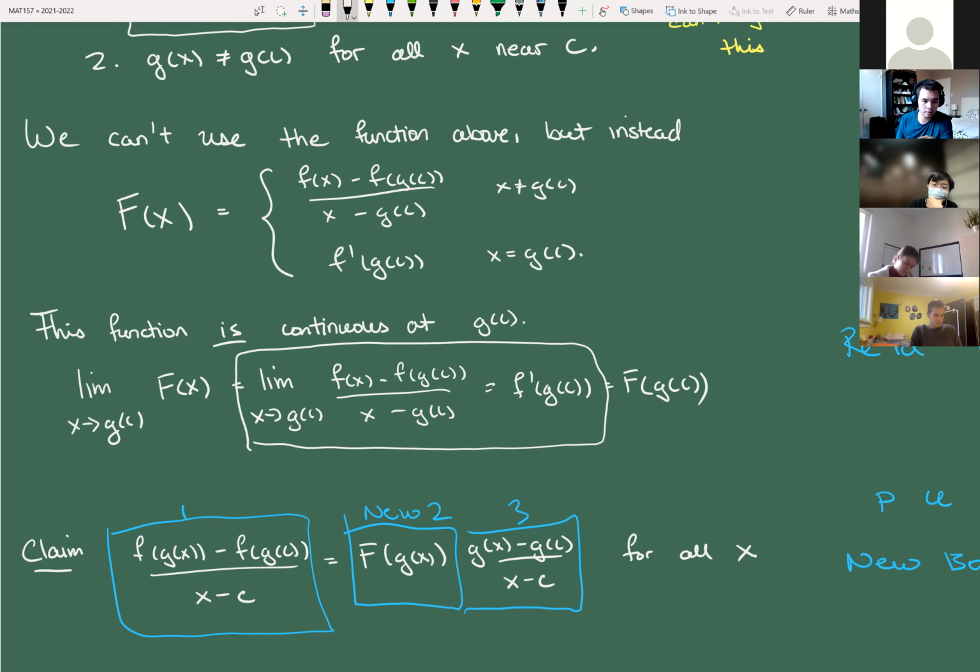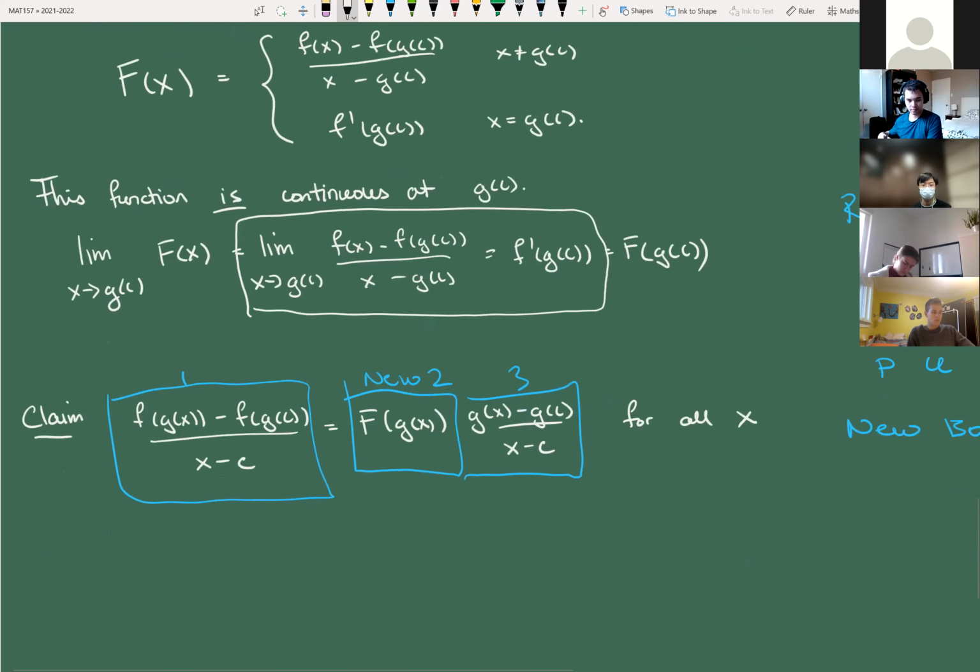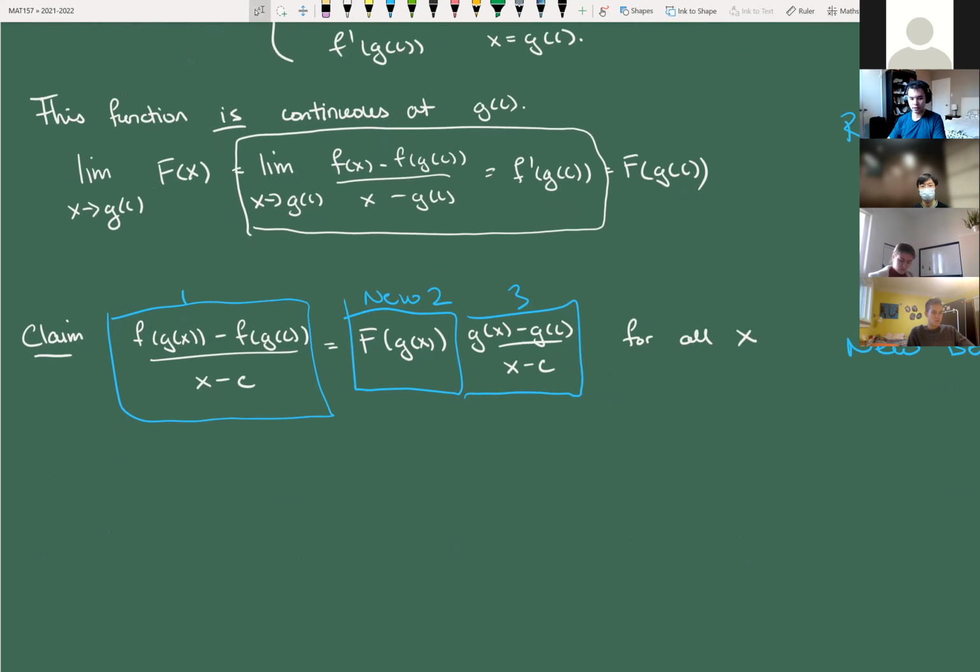So does that make sense, Mahmoud? I just wanted this function to be continuous. That discontinuity is removable, so I just plug the value of the limit in at that point. If the point g of c is bugging you, for now call g of c something else, like 7, and write out what it would mean for little f to be differentiable at 7.